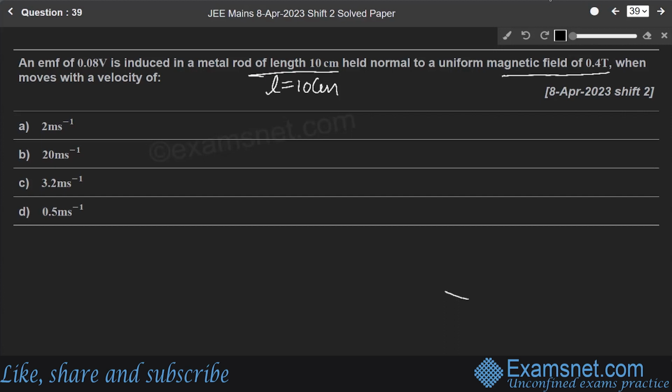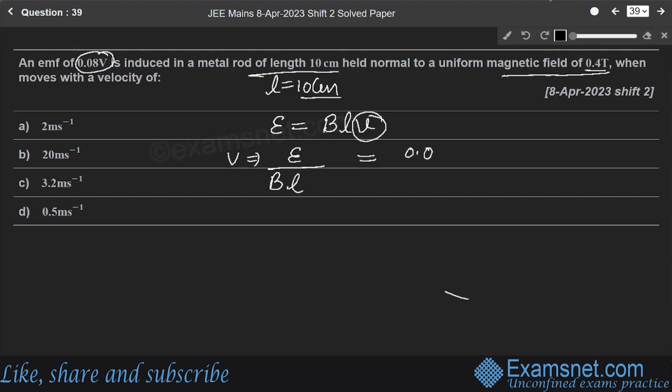Student, there is a very simple formula. The most basic formula between EMF and magnetic field is EMF equals BLV. Here EMF is given as 0.08 volt, length is given as 10 centimeter, and magnetic field is given. We just have to put in the values into this formula and we will find the value of V. So V will become EMF over BL.